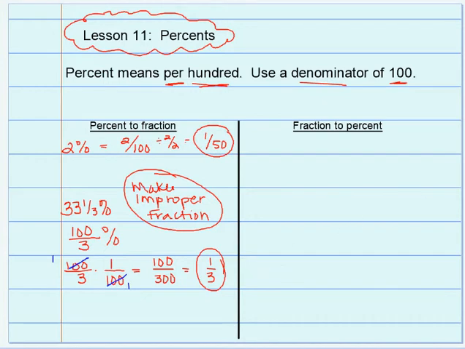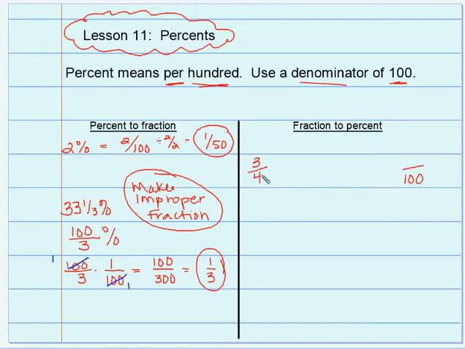What if we have, on the right side here, fraction to percent? Sometimes the fractions are pretty nice for us. It's 3/4. And remember, we want a fraction that has 100 in the denominator so that we can change that to a percent, right? We want out of 100.